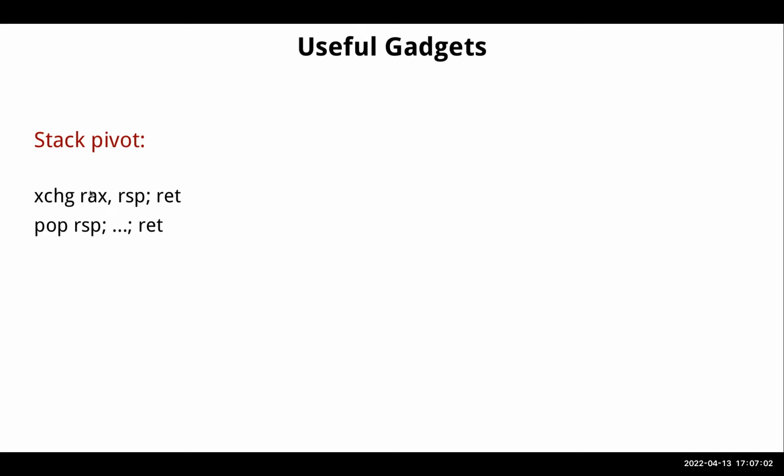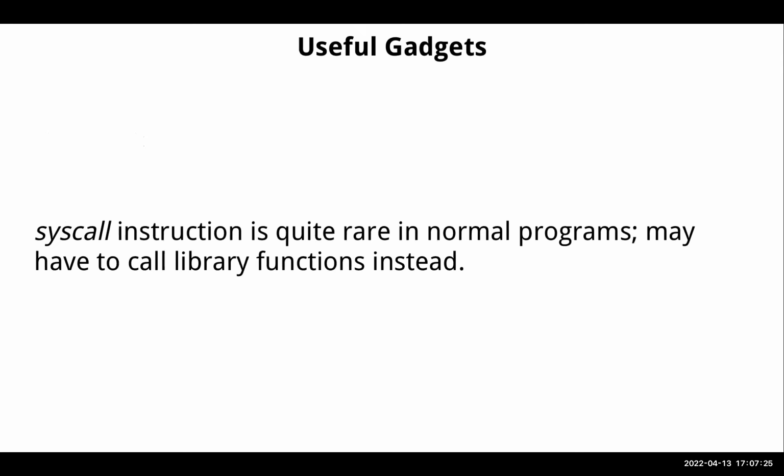Then you can exchange RAX with RSP. Basically, you are setting RSP to whatever you want. Also, if you can find gadgets like pop RSP, you can also do that, but sometimes you cannot find those gadgets. Some gadgets are difficult to find anyway.